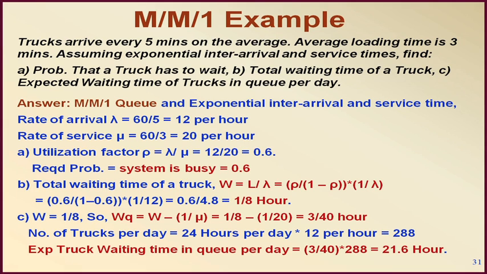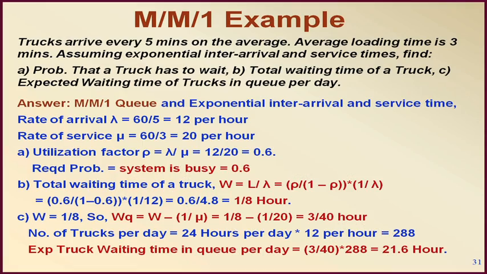So, if we want to know what percent of time a particular truck has to wait, all we have to do is find out how much time the system is busy, which is equivalent to the utilization period. Now, if we have to find out the total waiting time of the truck, the waiting time W is nothing but L by lambda, that Little's formula we are using, right.